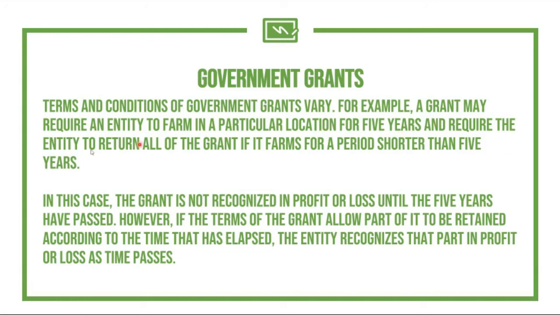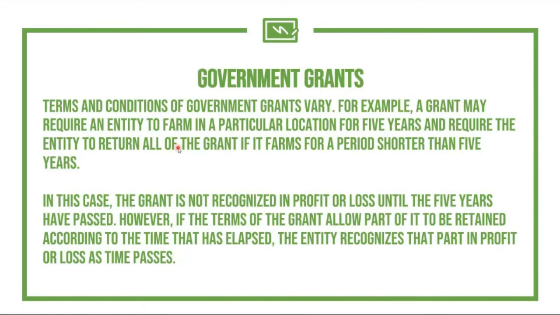If the term is you need to operate for the entire period or else it will be returned, then in that case you recognize the said grant only after you have provided the entire service. So meaning, you can only debit 20 million biological asset and credit income from government grant 20 million after the 5-year period.